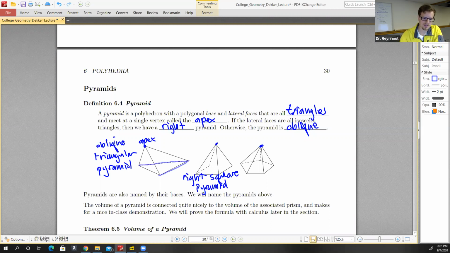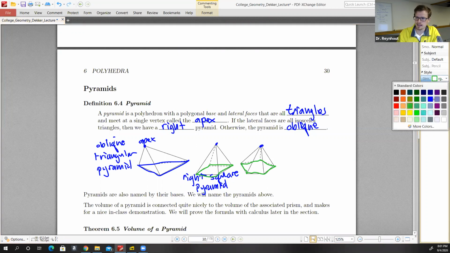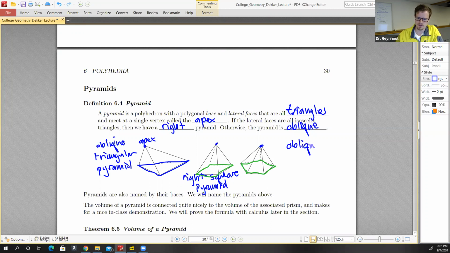Here the base is triangular, here the base is a square, and here there are 1, 2, 3, 4, 5 sides for the base, so that would be a pentagon. It doesn't quite look like these are all isosceles triangles, so we'll say that it is an oblique pentagonal pyramid.